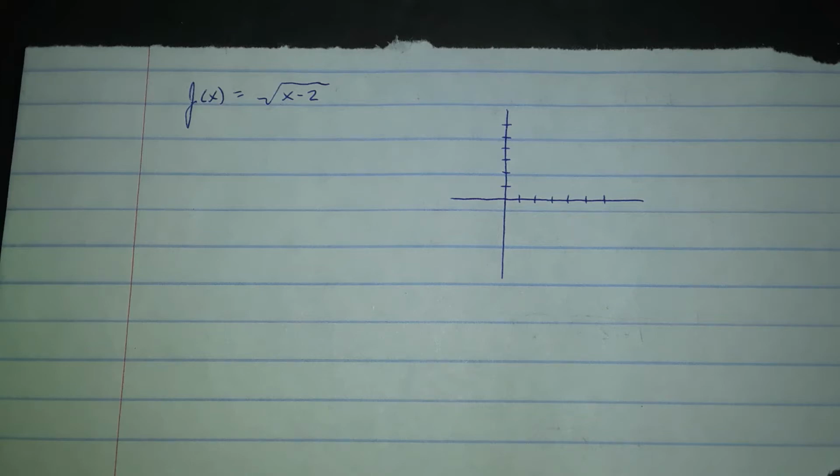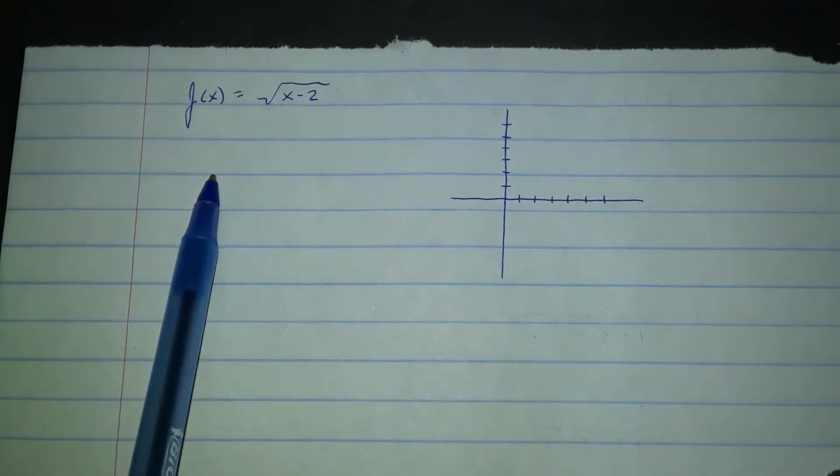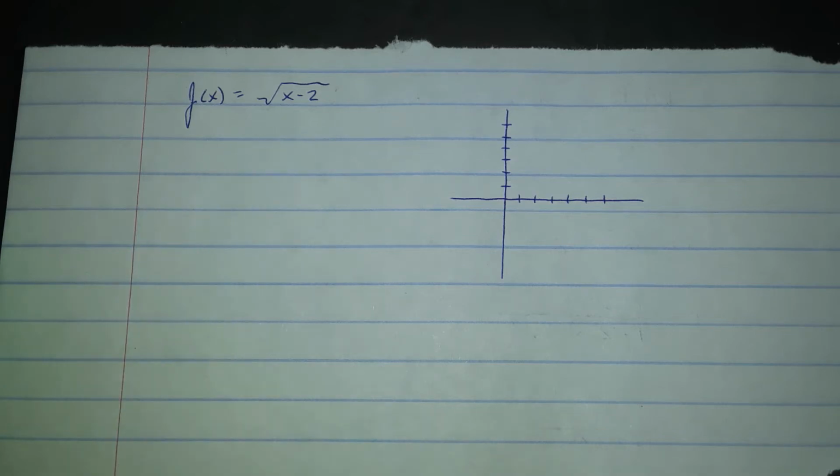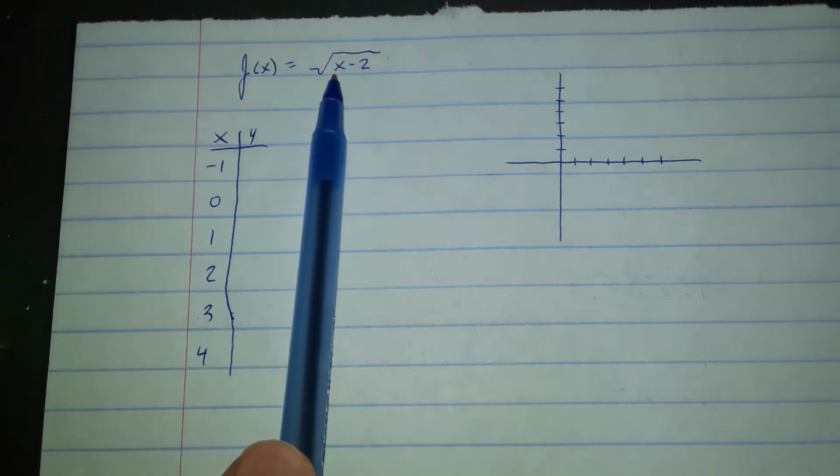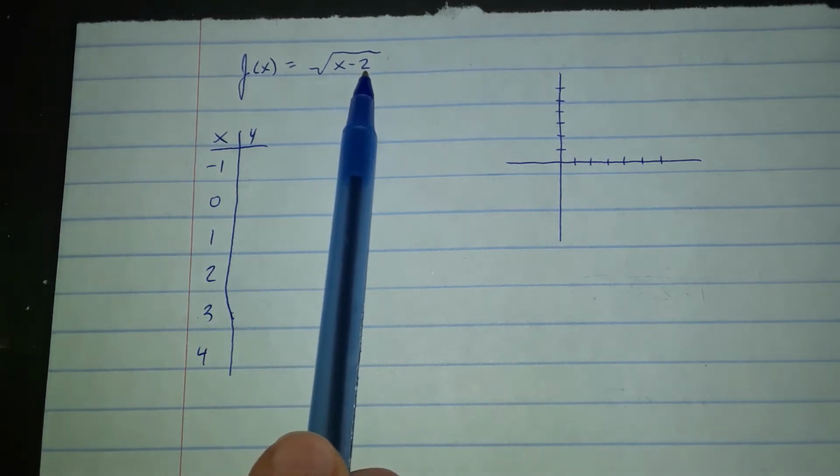So typically on a function I like to start with -1, 0, and 1 to find points to graph. So I'm going to make an xy table for this and look at points. If I take -1 and plug it in here, I have -1 minus 2 is -3.